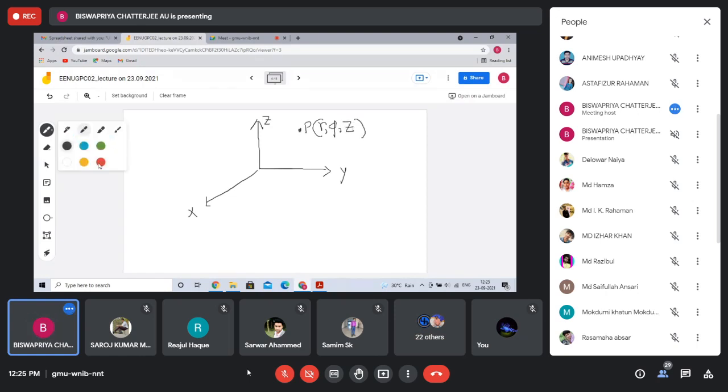So we have projected a point on the xy plane like this.